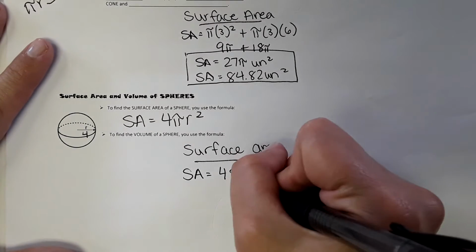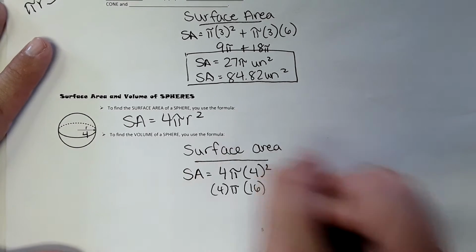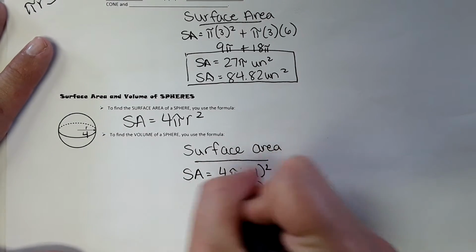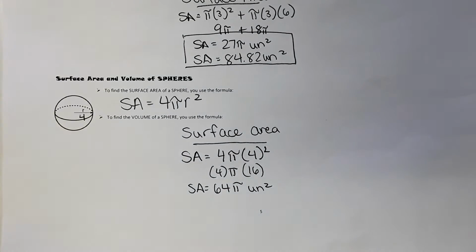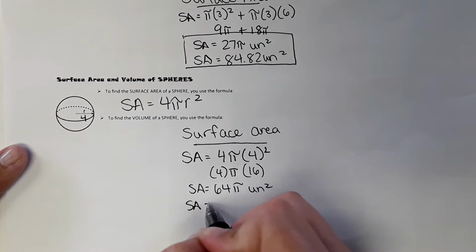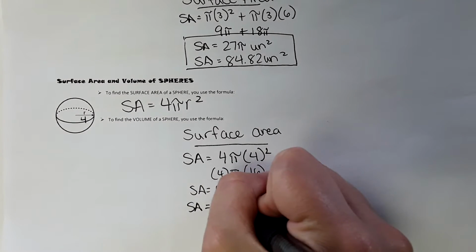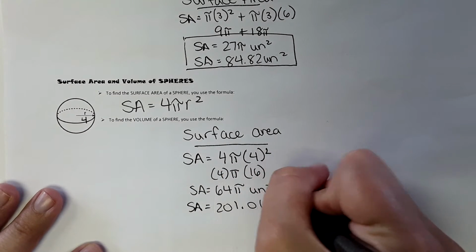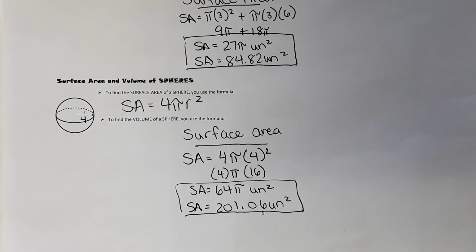And then solve. Or 64 times pi is 201.06 units squared. Okay. That is surface area.